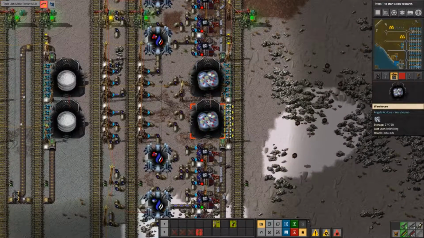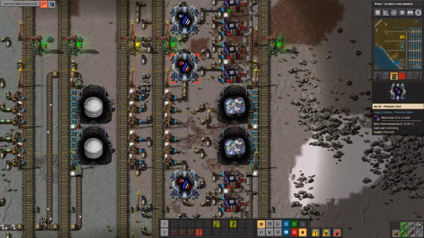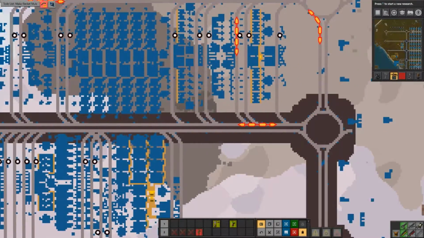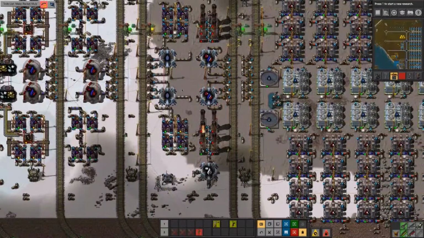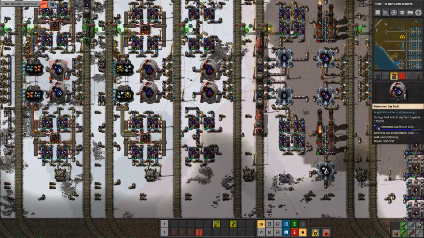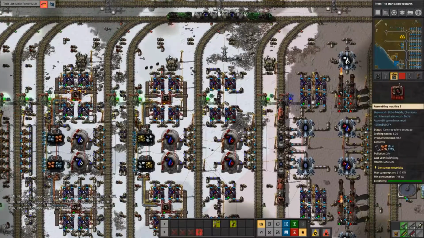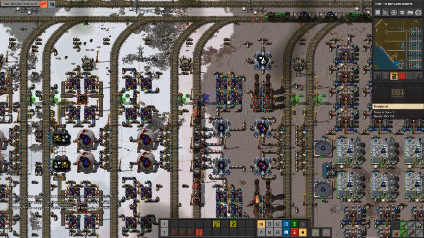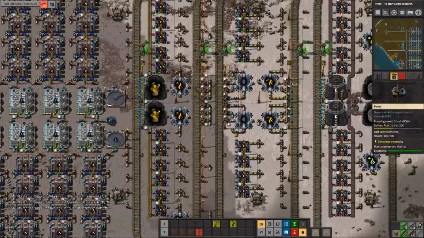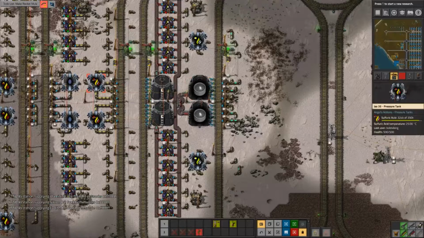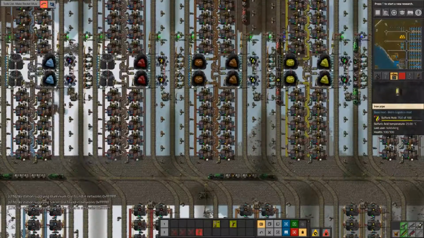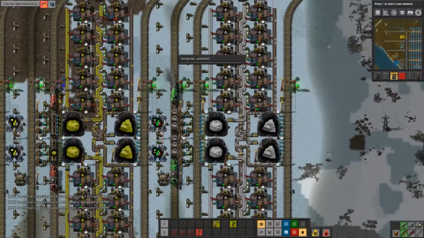Speaking of robots, look at this. All this ammonium nitrate. How is the nitric acid production going? It's going good. How is the ammonia production going? It's going good. We're swimming in all of the assets. How are resources going? They're doing great.